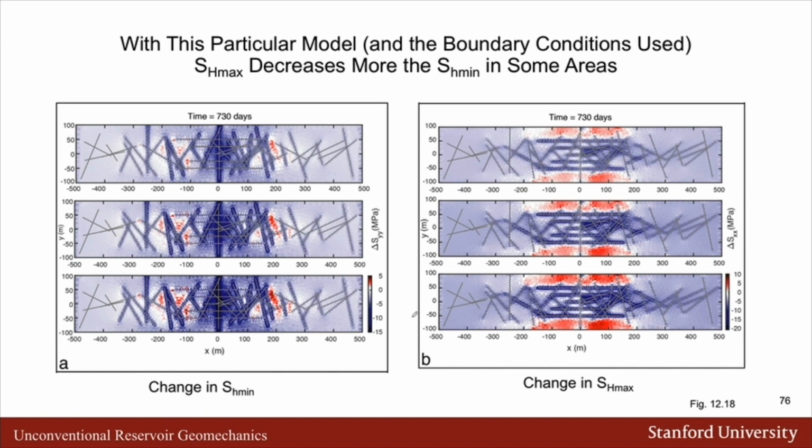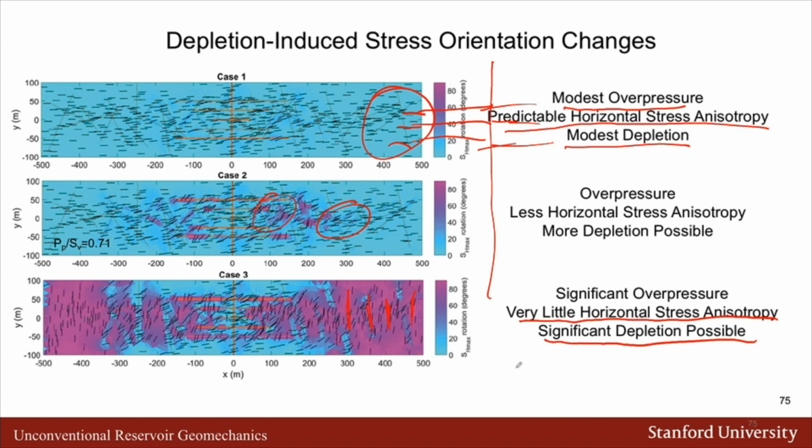What that means is, because SH min goes down more than SH max, what had been SH max becomes SH min. And that is, in fact, causing a flip, because the old SH max direction is now the SH min direction. The hydraulic fractures change 90 degrees.